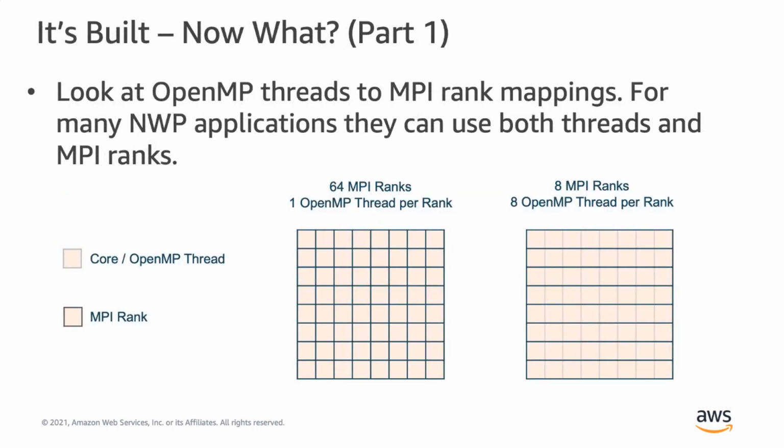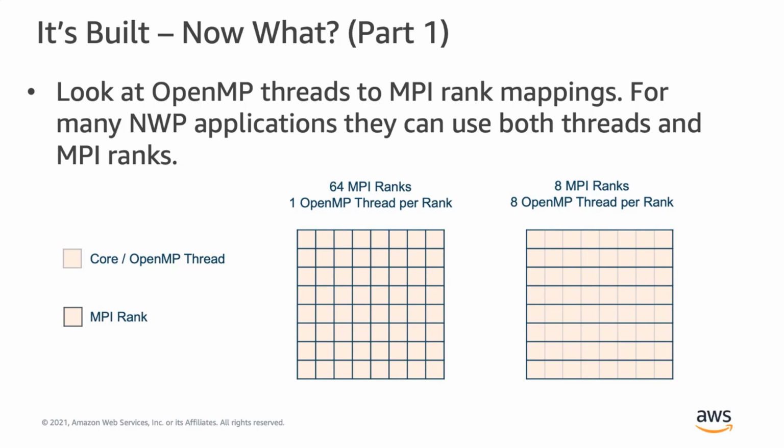Now it's built. So now what? I'm going to give you a couple things to think about, but neither of these are specific to Graviton2 as much as they apply anytime you're changing an instance, particularly when there are big changes in how the performance may occur, as is the case with Graviton2.